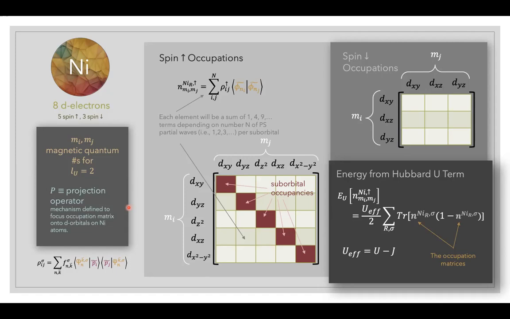Because depending on the suborbital occupancies of our occupation matrices, which are going to be fractional charge occupations, depending on how close they are to 0 or 1, then U effective is going to be more of a penalizing function or less of a penalizing function. That is to say that if it is, for example, 1 or 0, then there is no penalty awarded. But if it's closer, for example, to 0.5, then there would be a higher penalty awarded.